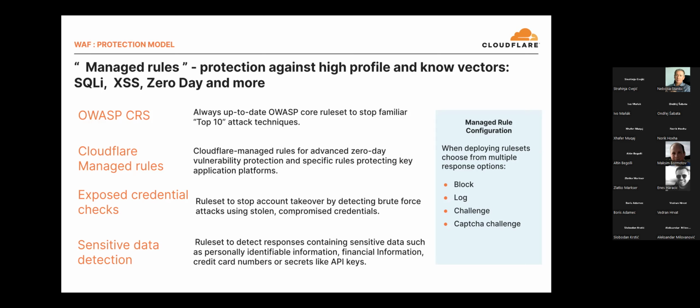And the last pre-configured rule set is exposed credential check. These are rules that check a database of stolen logins and passwords. This rule set checks the POST HTTP request and verifies if someone used a particular stolen login and password.